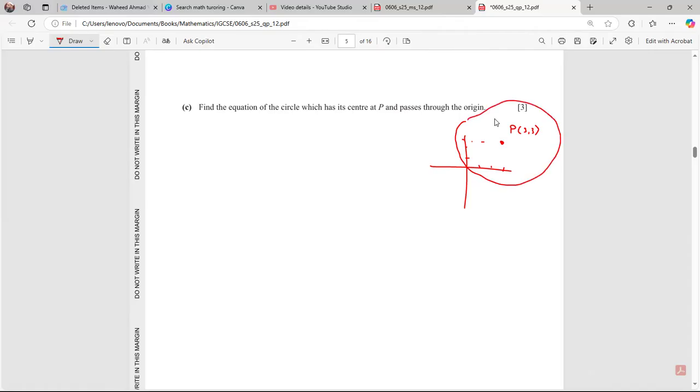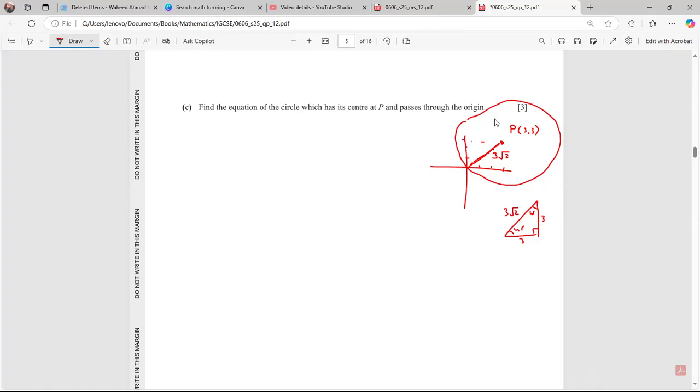So what is the radius? You can see that this is going to be 3 under root 2, because we're talking about an isosceles right angle triangle. This is 45, this is 45, this is 3, and this is 3. This is 90. So the hypotenuse has to be 3 under root 2.